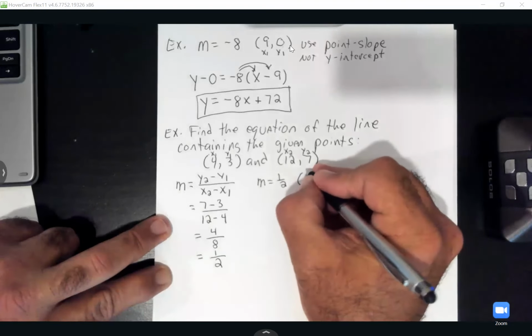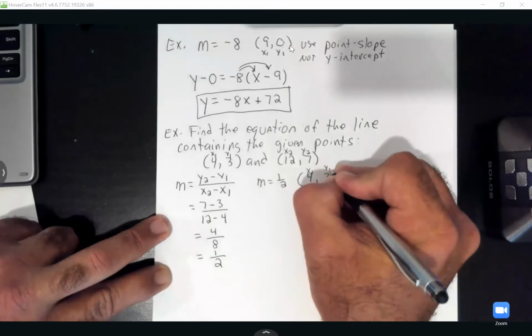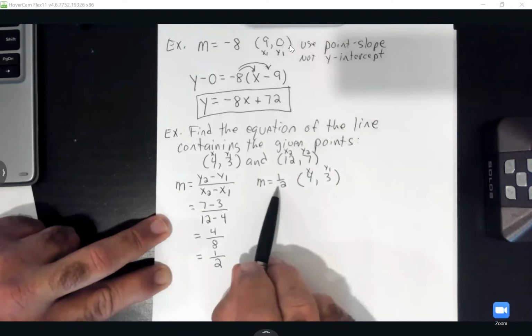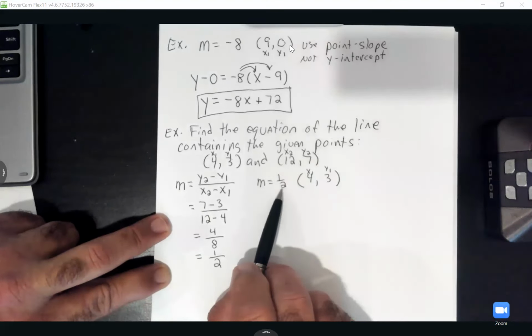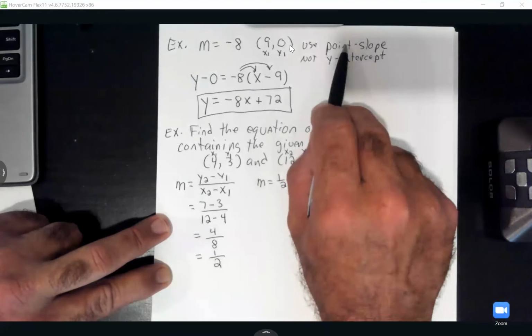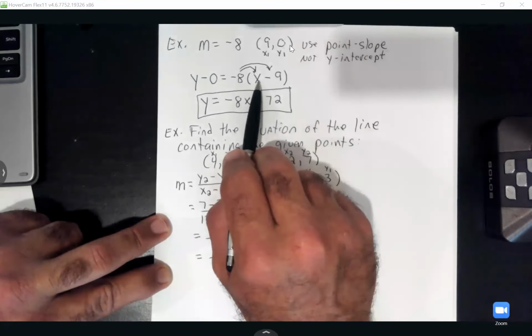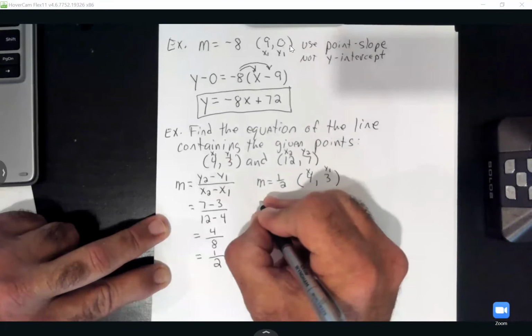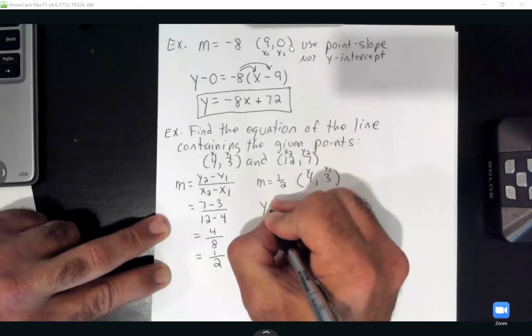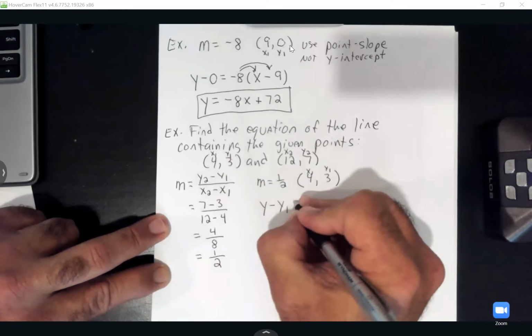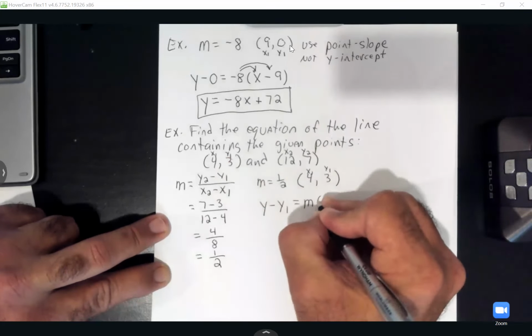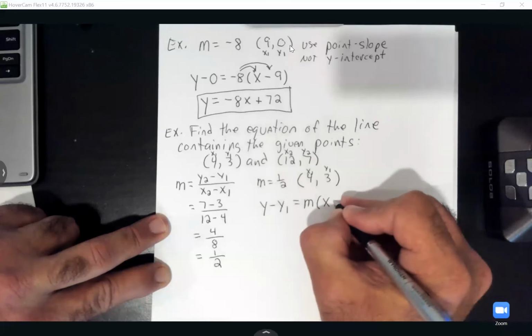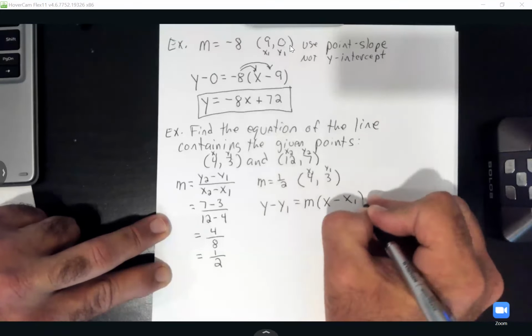I'm now going to call this x1 and y1 and use them with the slope and plug that into my point-slope formula like I did a while ago. So here we go. Y minus y1 will equal our m times x minus x1.